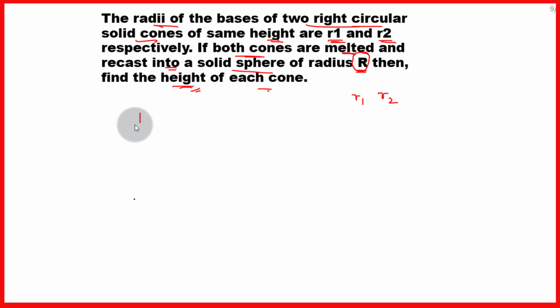So there are two cones, so the volume of the two cones will be equal to the volume of the solid sphere. So it will be 1/3 pi r1 square h plus 1/3 pi r2 square h. This will be the total volume of the two cones, and that will be equal to the volume of the solid sphere, that is 4/3 pi r cube.